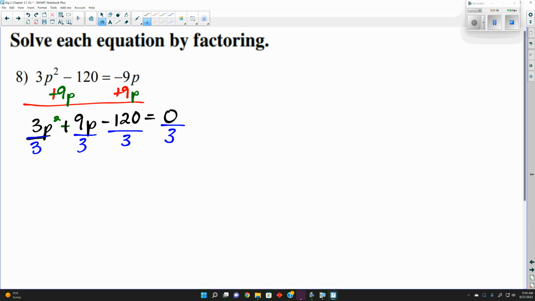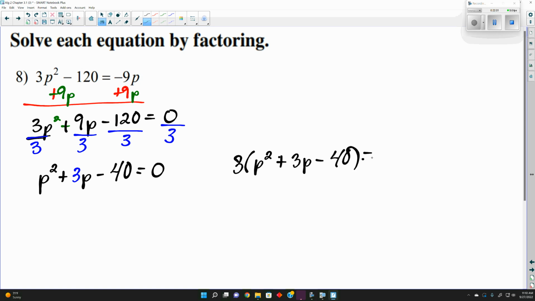Because what we get is 3 divided by 3 is 1, so we're left with plus is equal to 0. If we had factored it out, and I'll write this over to the side, we would have had, not 4, we would have had, well, 3 times p squared plus 3p minus 40 is equal to 0.